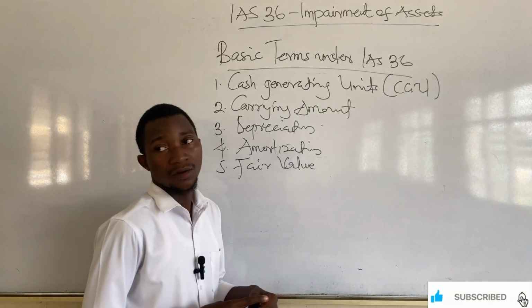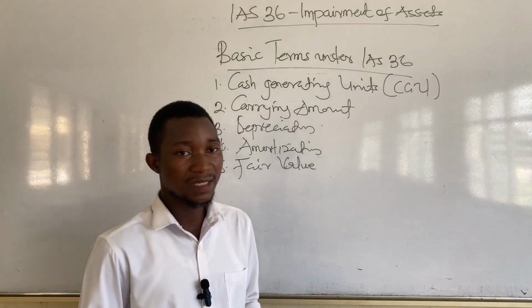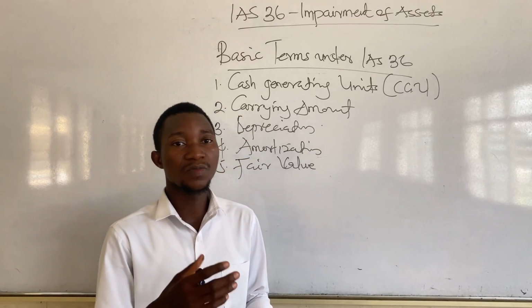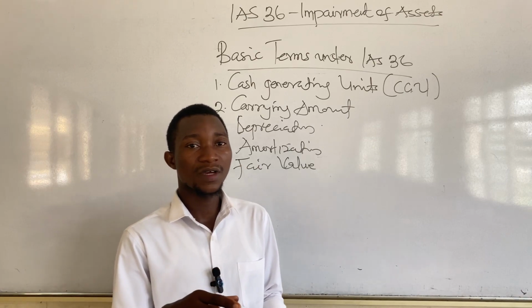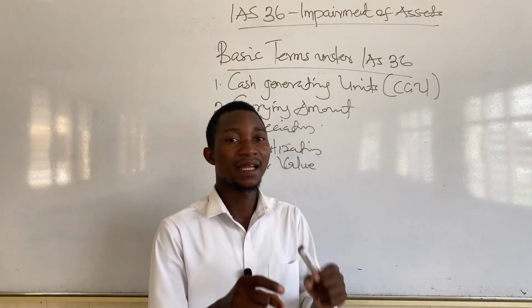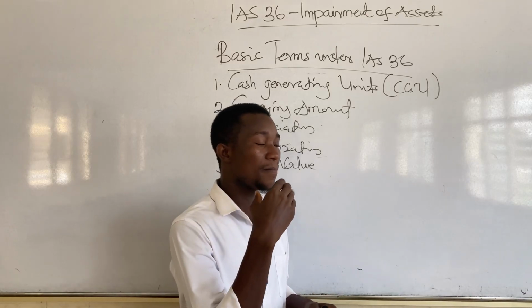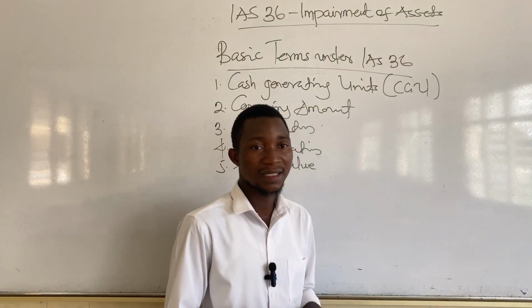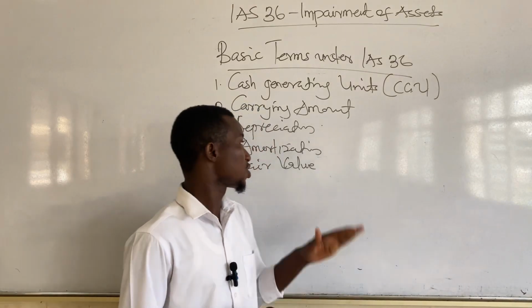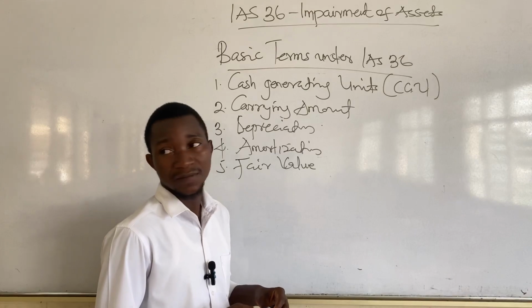When we say fair value of an asset, is that okay? It is the price at which an asset could be sold at the end of its useful life in an arm's length transaction between willing and knowledgeable parties. So the price at which you will sell an asset at the end of its useful life in an arm's length transaction is what we call the fair value of an asset.